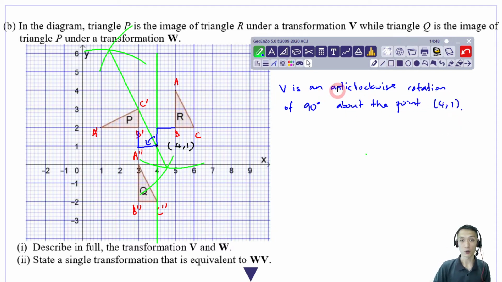Okay, so make sure we have mentioned three important pieces of information: angle, direction, and the center. This is the way how we describe a rotation.